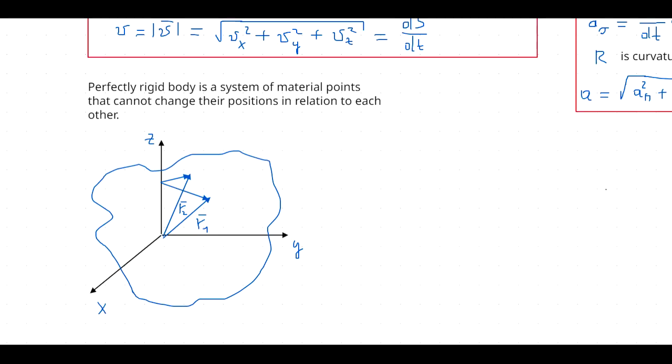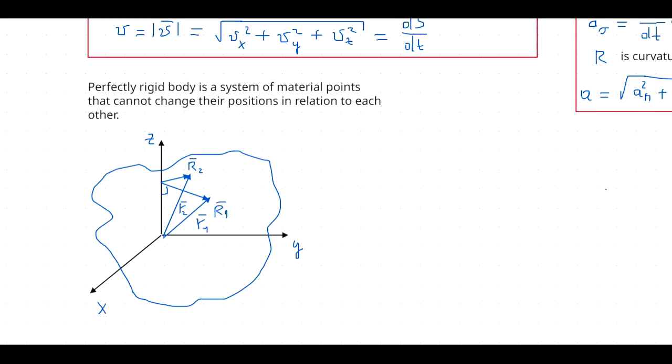Radius in final position can be defined as this vector, and radius in initial position is R1.